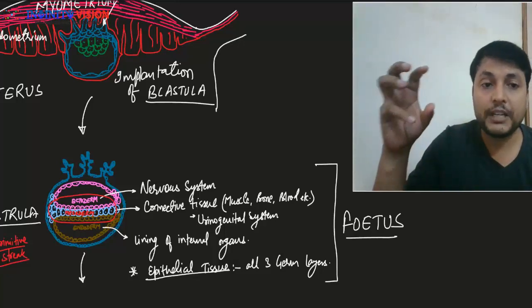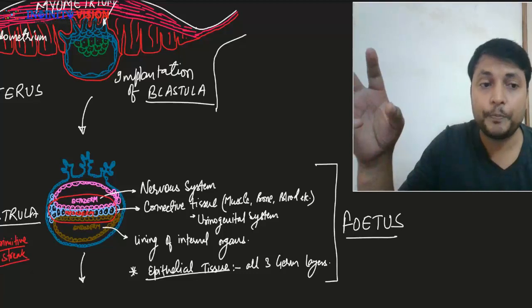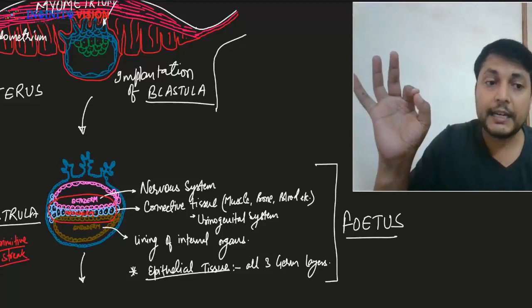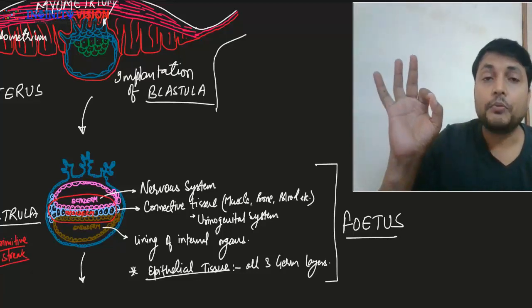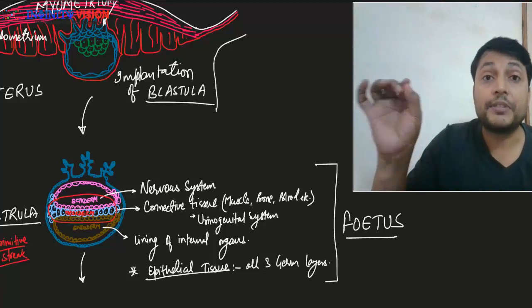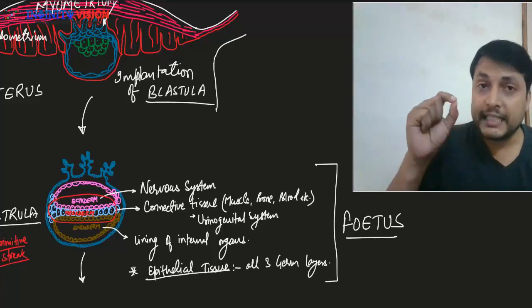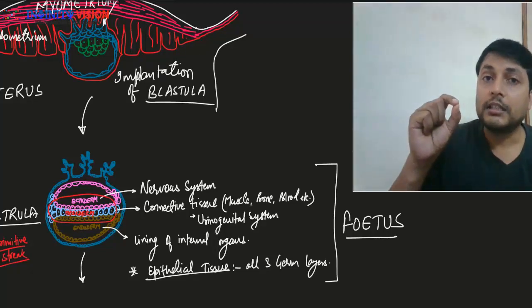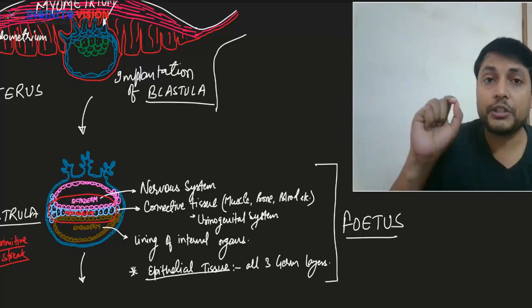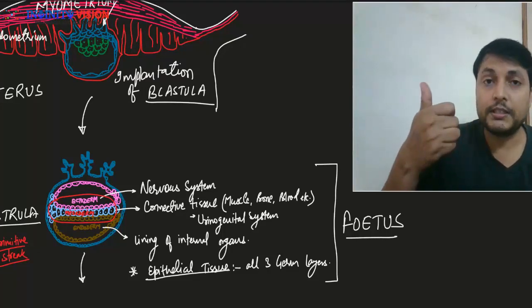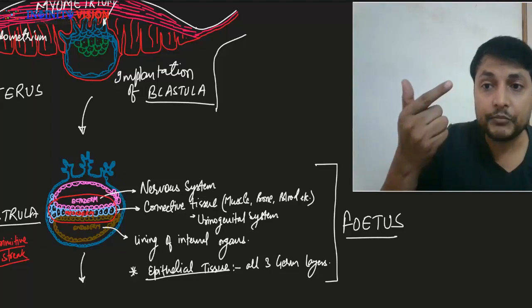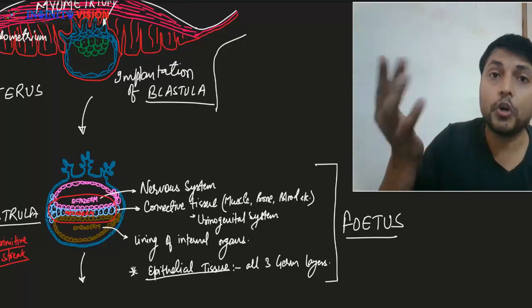So the fate of ectoderm is always nervous tissue. This means that the cells of ectoderm will form the nerve cells or the accessory cells of the nervous tissue, such as Schwann cells, glial cells, astrocytes, and so on.